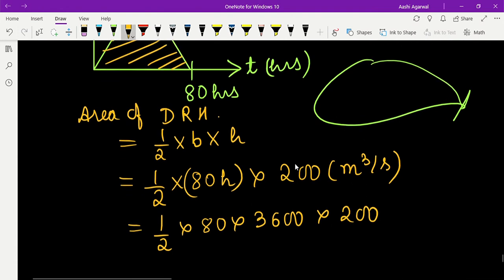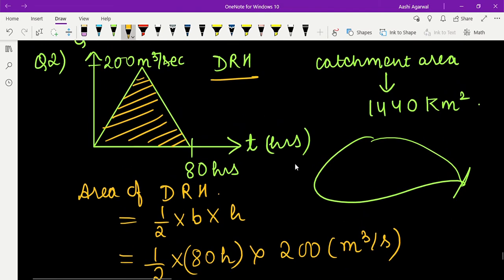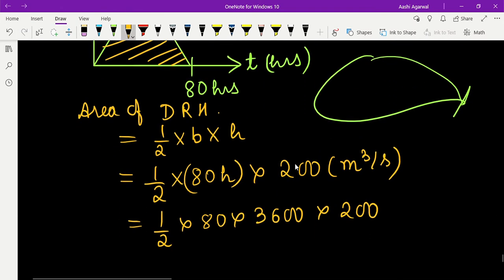Now you know that this is not just another triangle, this is a direct runoff hydrograph. And what does the hydrograph area give you? It gives you the volume of runoff. So you can equate this area; the units will be meter cubes only, because the seconds will cancel out.